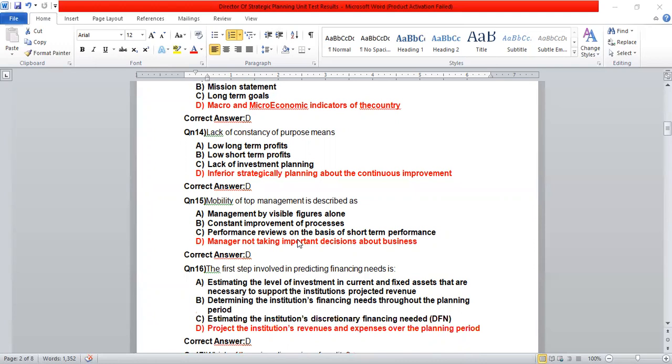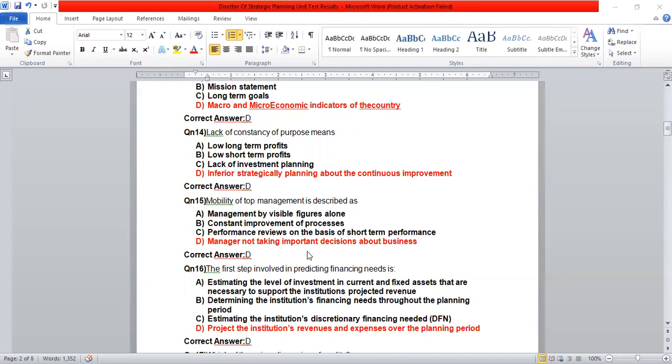Mobility of top management is described as managers not taking important decisions about businesses. In a business, when managers are not taking important decisions, there is a mobility of top management. The right answer is D.